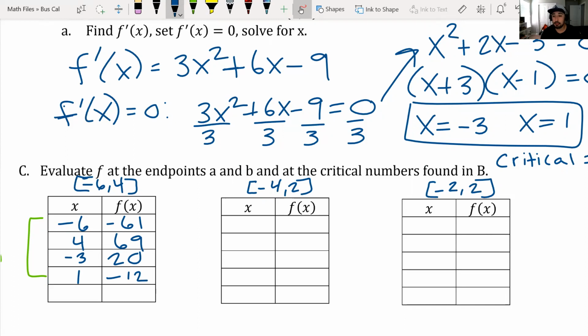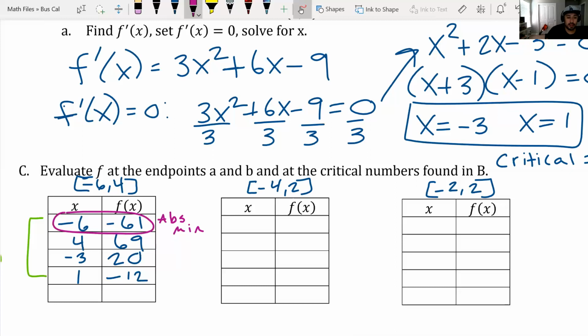And all we want to do is look for the absolute maximum and the absolute minimum. So look at your y values. What is the smallest y value? That happens to be -61. So this means that at -6 and -61, this will be our absolute minimum.